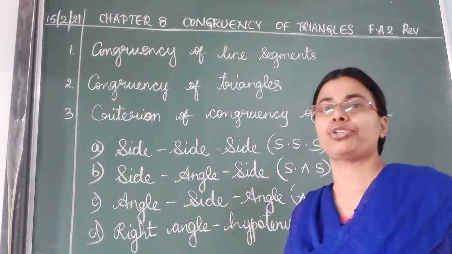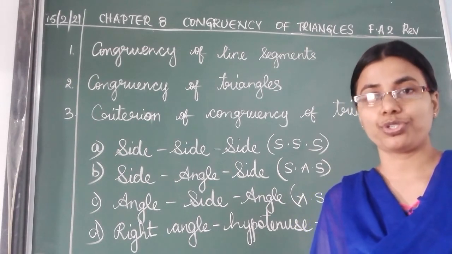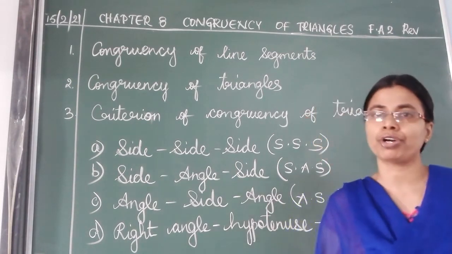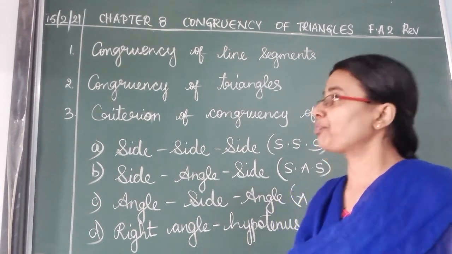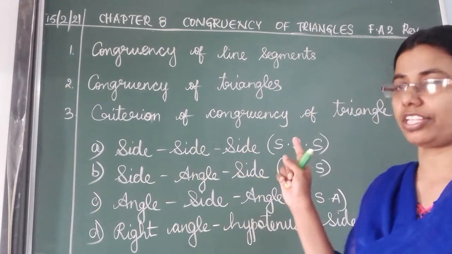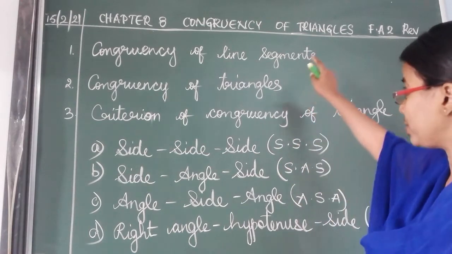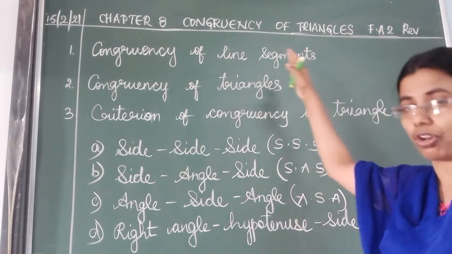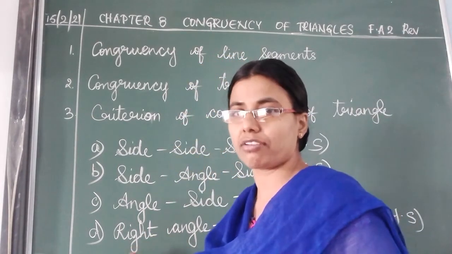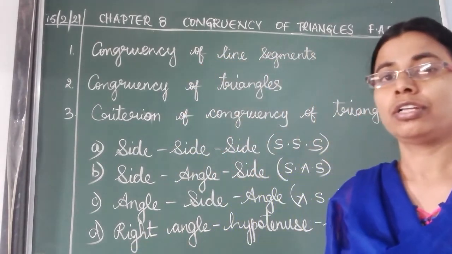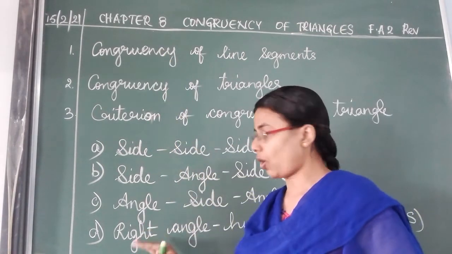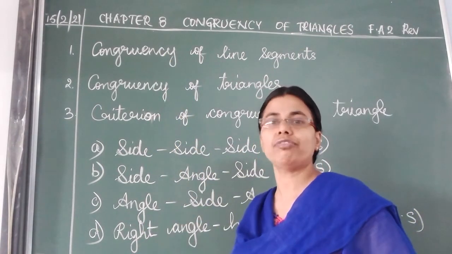So first thing you are going to do is take out your homework book, because revisions you are supposed to write in your homework. So open your homework book, write today's date, write the chapter's name, chapter 8 congruency of triangles, write FA2 revision, and then write the topics that we have learned, or the things that we have covered in this chapter. So first thing, copy all this in your homework book.